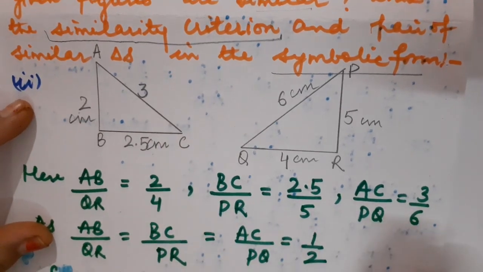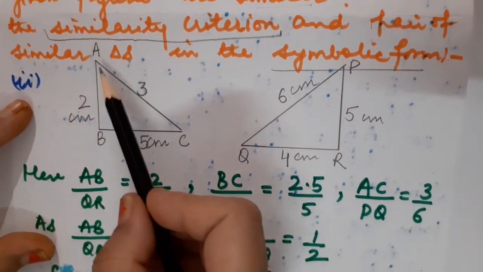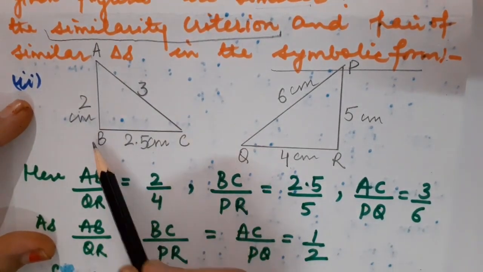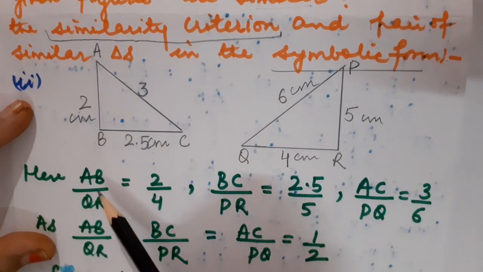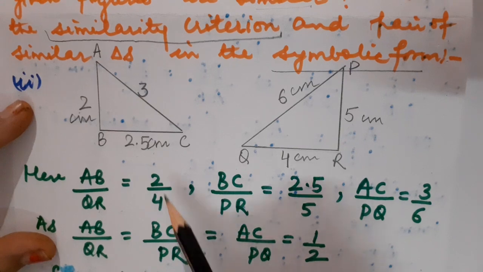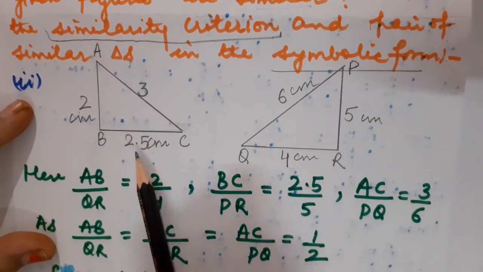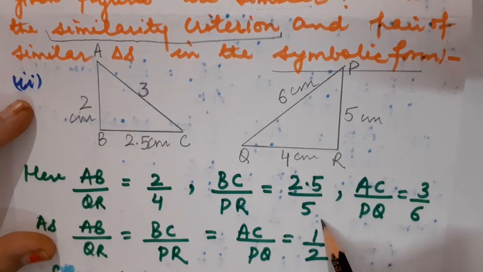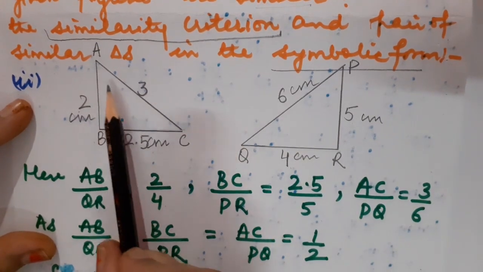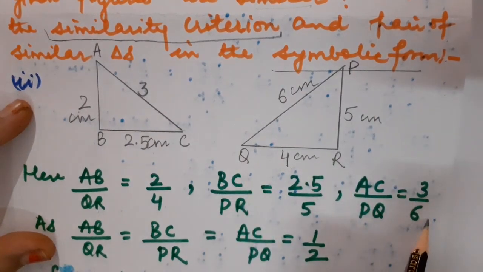Now I will have to look for that ratio only. For example, if I take the ratio of AB with QR, I get AB upon QR is equal to 2 upon 4. Then I take BC with PR, it becomes 2.5 upon 5. Now I take AC upon PQ, that is 3 upon 6.